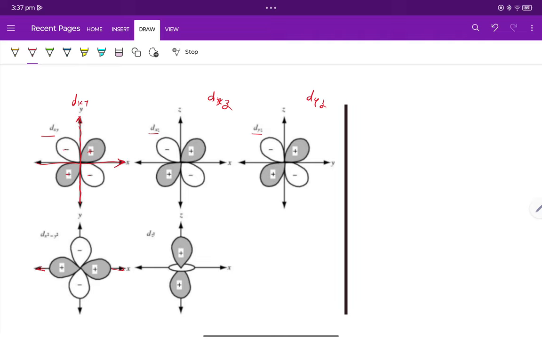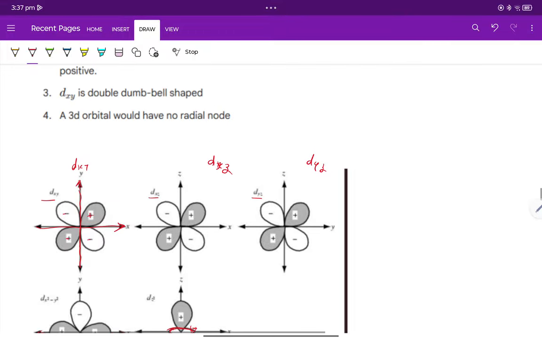Dz square is like this. It has a positive lobe and there will be a collar-like structure, and this is generally denoted with a minus sign. So these are the pictures of the 5 d orbitals. Now let us see the options.